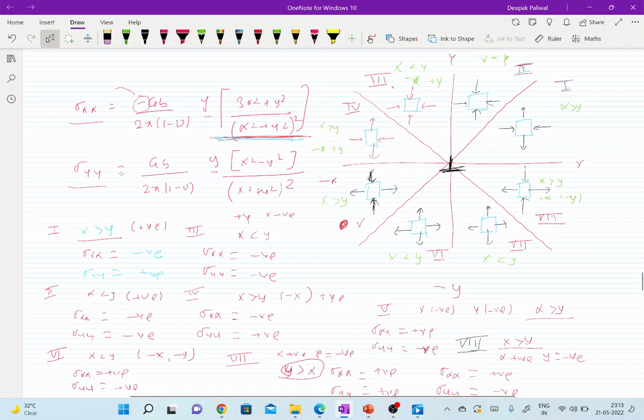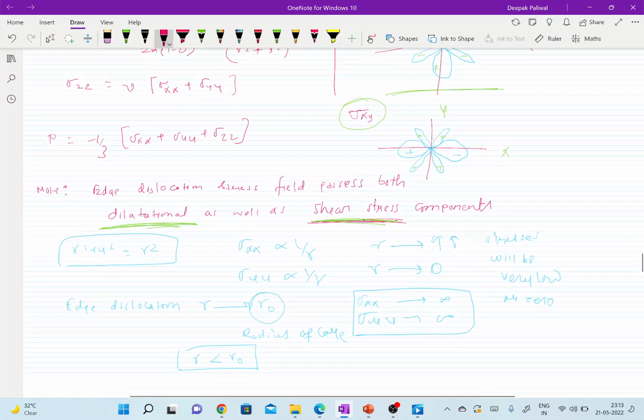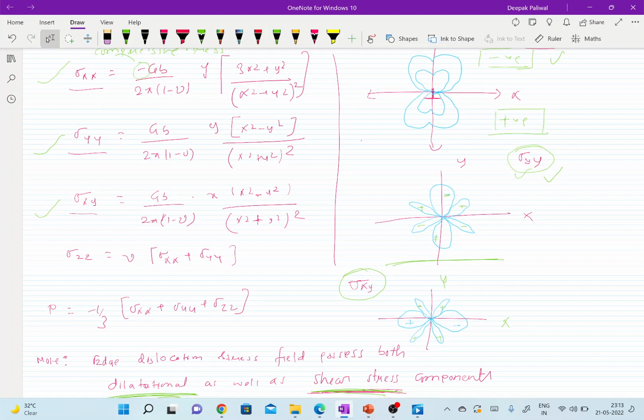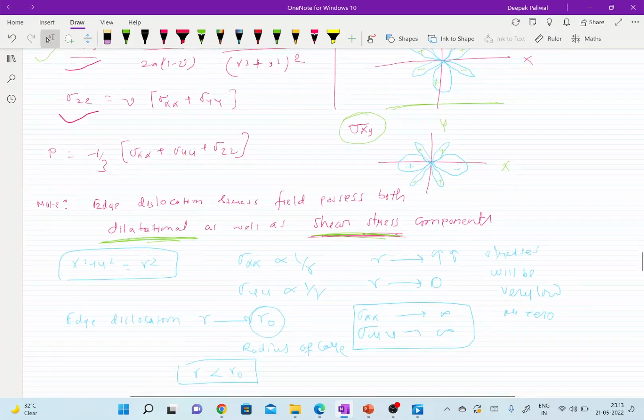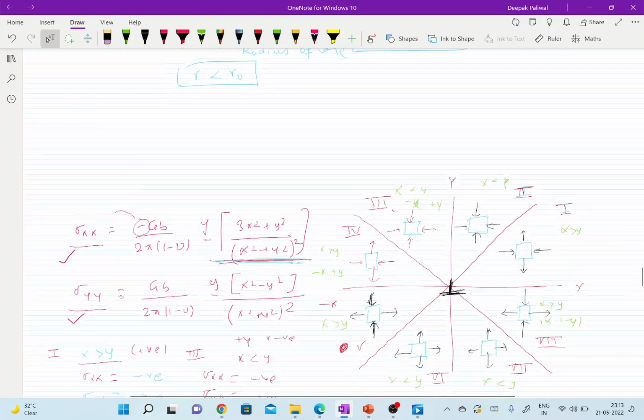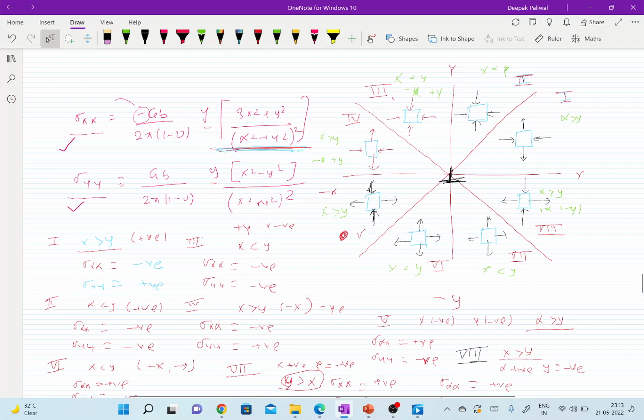We have seen sigma xx, sigma yy, and also sigma zz and sigma xy expressions, and how sigma xx, sigma yy and sigma xy are distributed. We also saw where our assumptions fail and why the model is not working: when the radius of the dislocation becomes zero, the stress field becomes infinite.